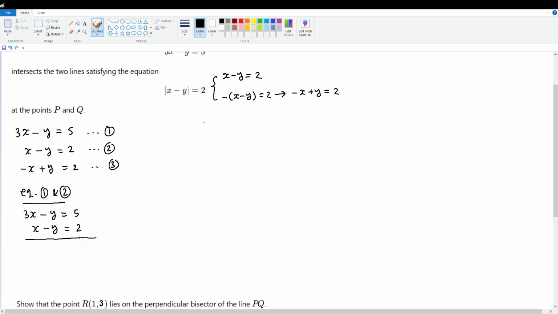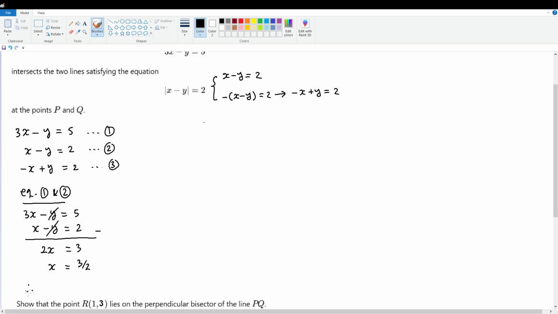I think the easier way is the variable y. So I will put the negative sign here, and 3x minus x is 2x, minus y minus minus y is cancelled out. Now, for the constants, 5 minus 2 is 3. So the variable x is 3 over 2.